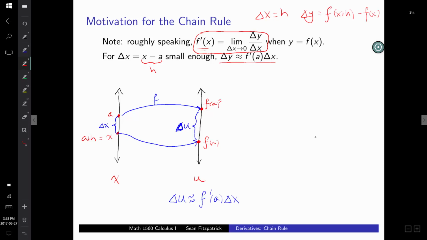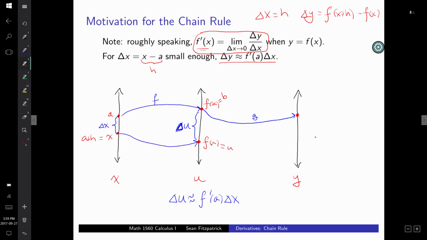All right, so we've got that, and now let's give this f of a value. Let's call that b, and this is my u. Now I'm going to apply a second function, a function g, and that's going to take me over to my y variables. So g is going to take this point and send it over to some point here.